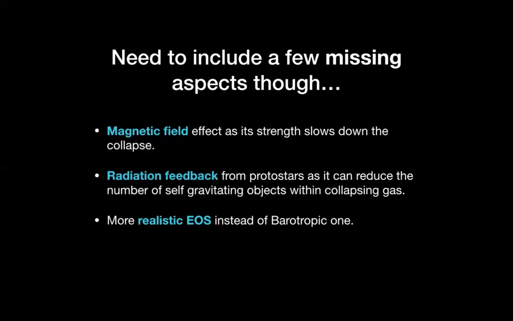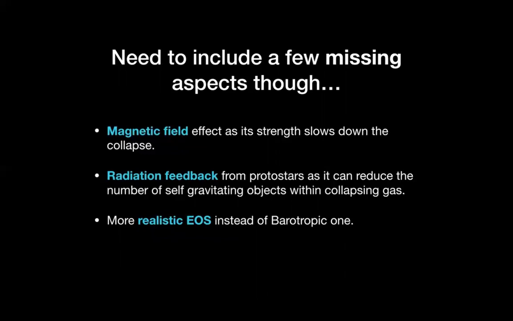But we ought to consider that there are certain missing aspects in our simulations. For instance, we did not take into account the magnetic field, which can slow down the collapse. Maybe it can affect where the transitions happen. Also the radiation feedback: once the protostars are forming, they are going to start affecting the environment as well.